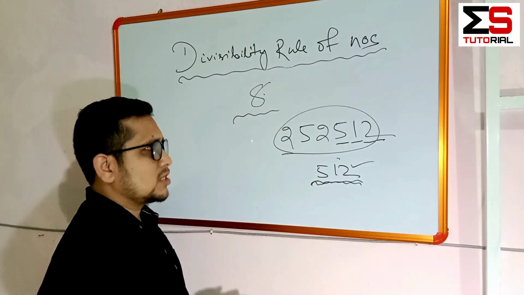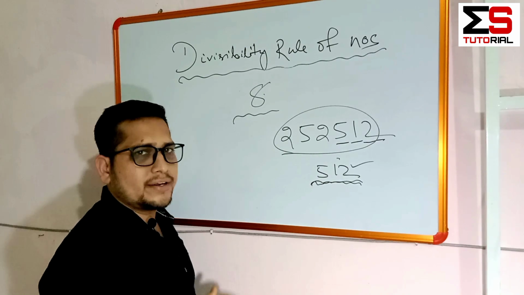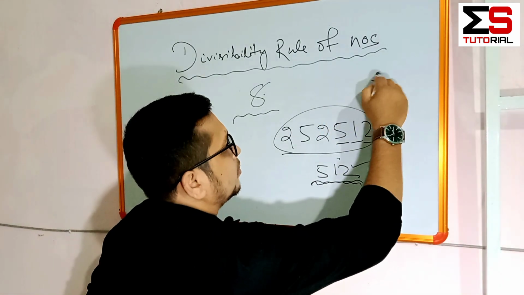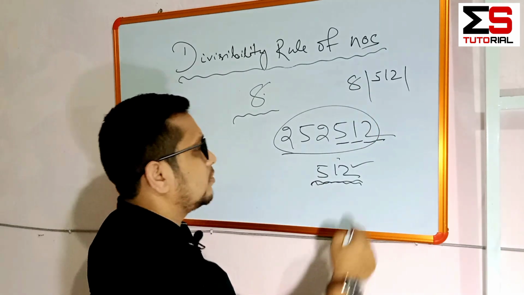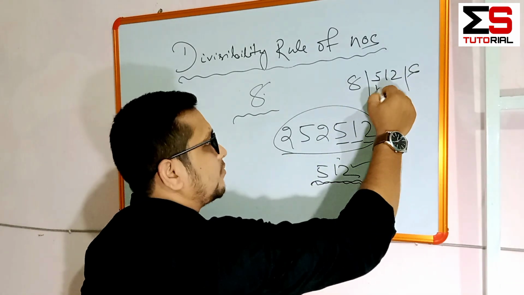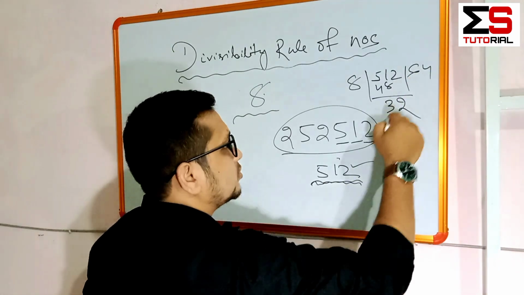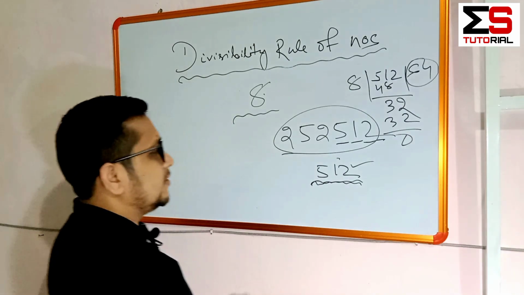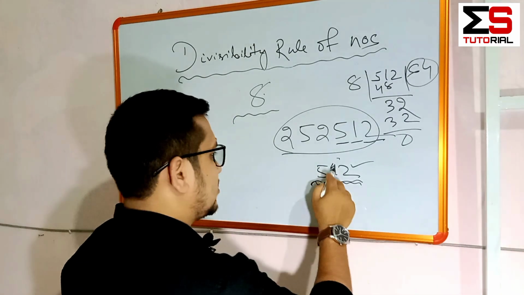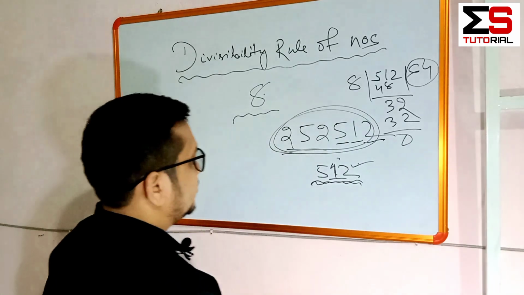So in the manual process we have to know whether 512 is divisible by 8 or not. 8 sixes are 48, remaining 32, 8 fours are 32. Yes, it is divisible by 8. So 512 is divisible by 8, so this number is divisible by 8.